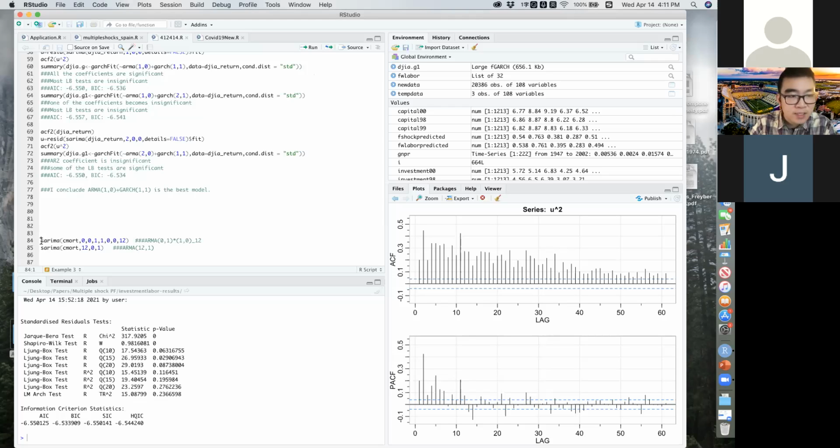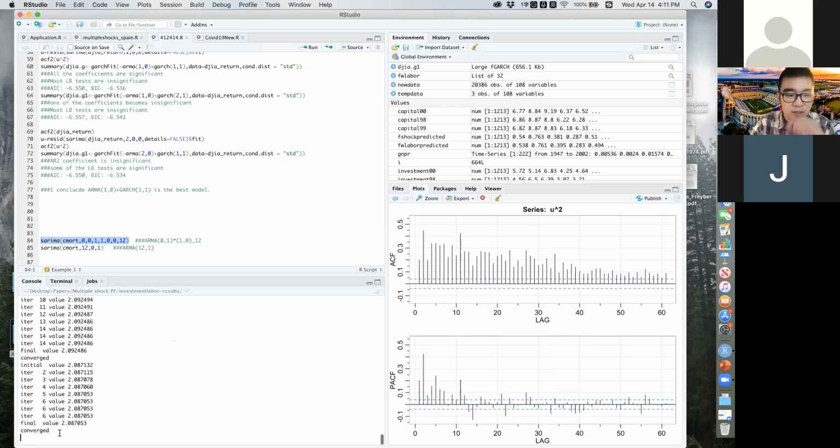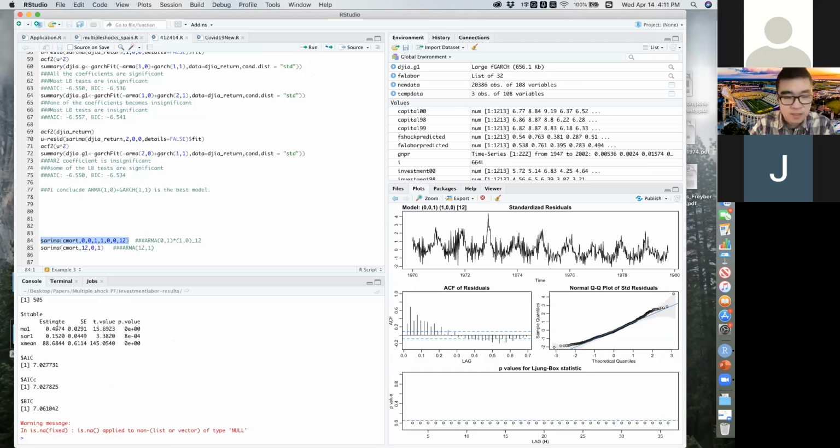I use this CMOS mortality data, and this is the code for the ARMA (0,1)x(1,0)12 model. If I run this, this is what you will get: an MA1 coefficient and the seasonal AR1 coefficient.